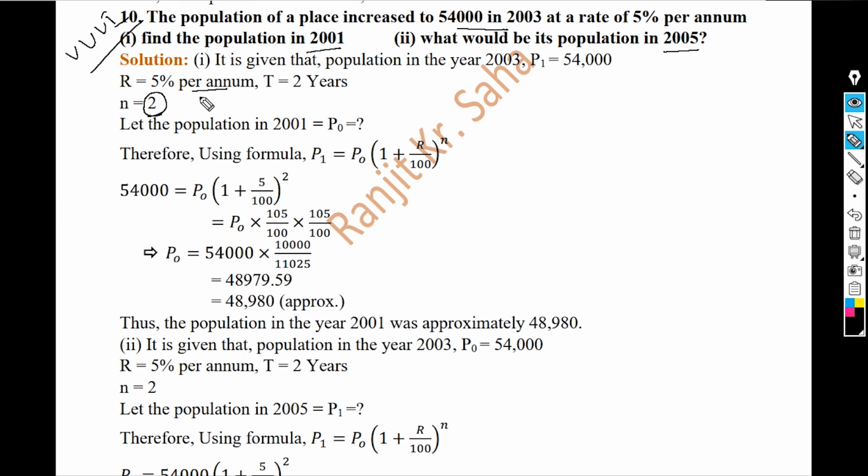Then the base year is 2001. That is not given, we have to find it. And the final population is given, say P1 equal to 54,000. Just put it down. That implies the final population is 54,000 and the initial population is P0, so 54,000 equals P0 into 1 plus 5 by 100 to the power 2.